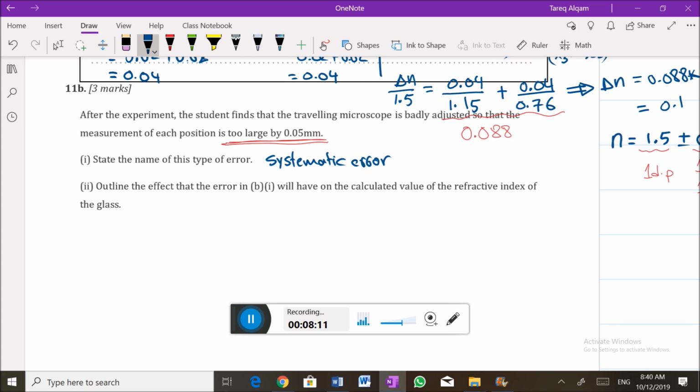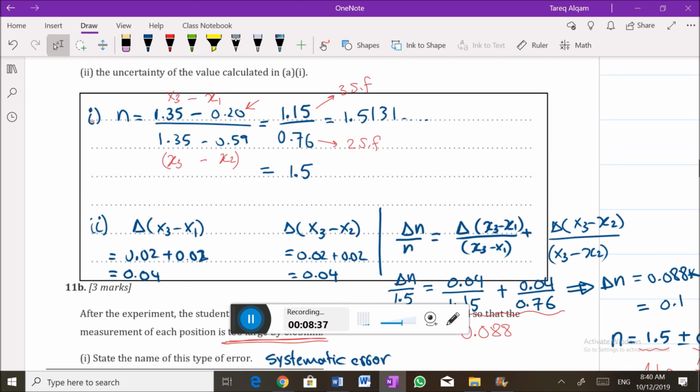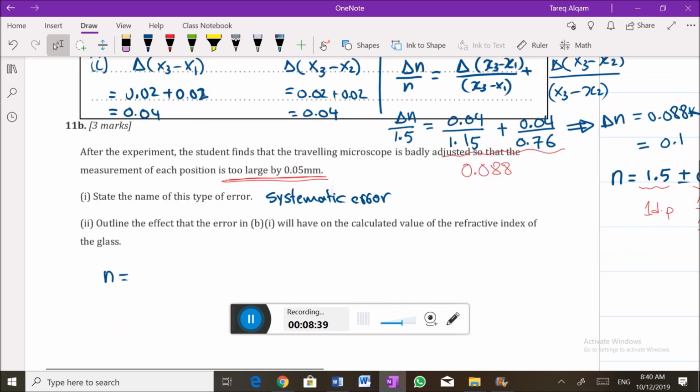Outline the effect that the error in B will have on the calculated value of the refractive index of the glass. Actually, I may check this. n equals, this systematic error must be subtracted from the readings.